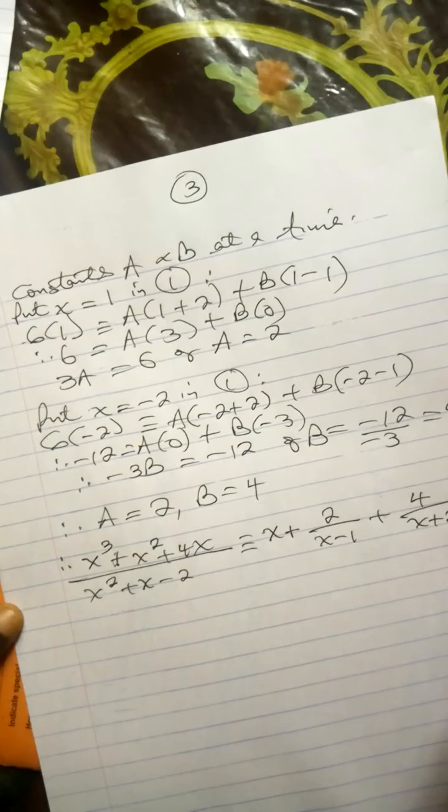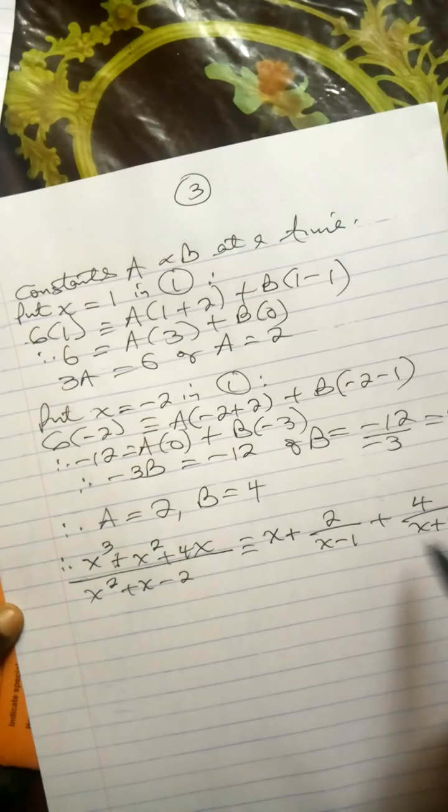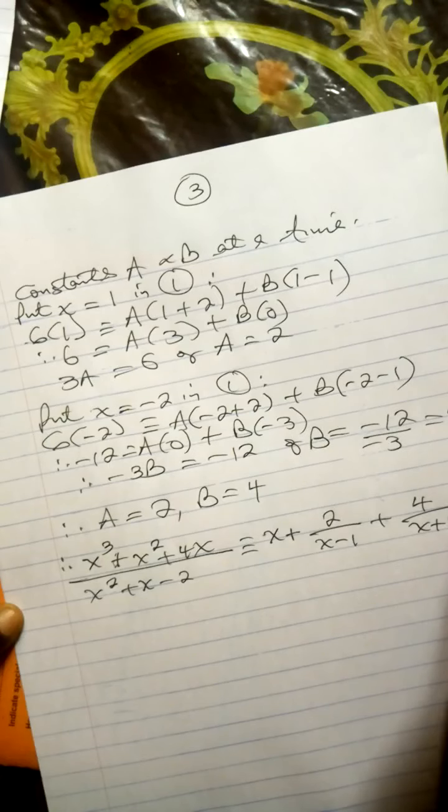This is my answer. So my answer now is x plus 2 over x minus 1 plus 4 over x plus 2. That is my answer.